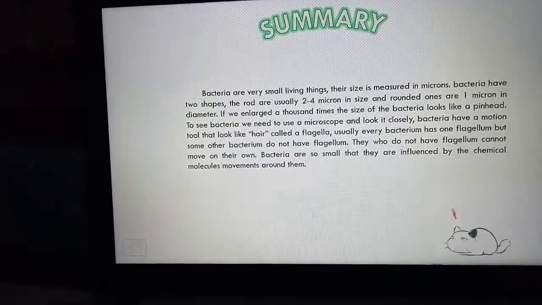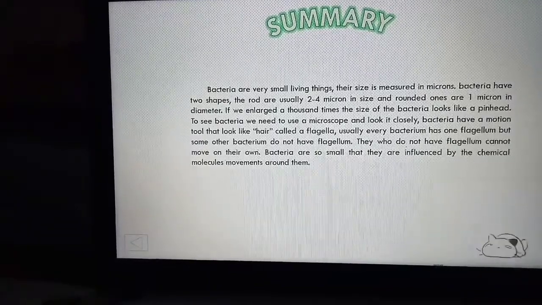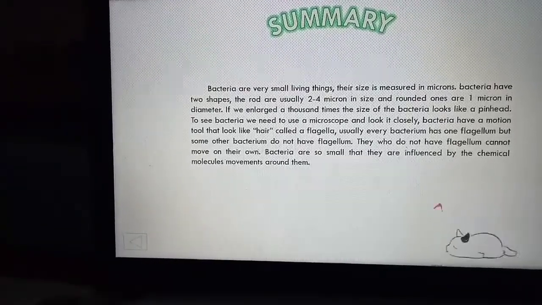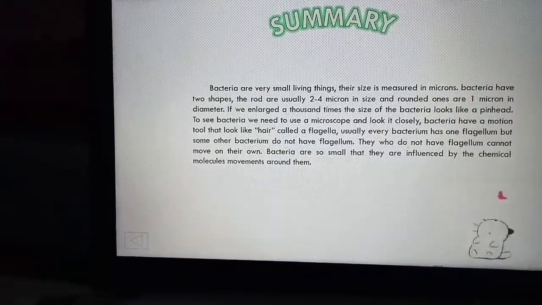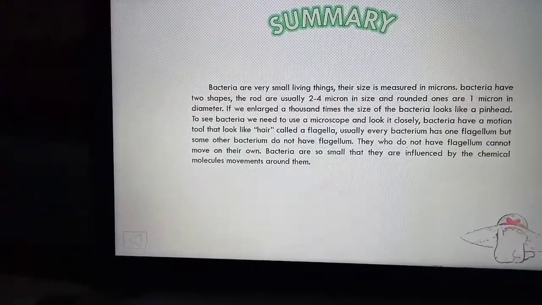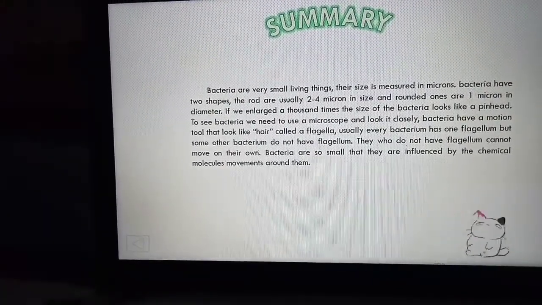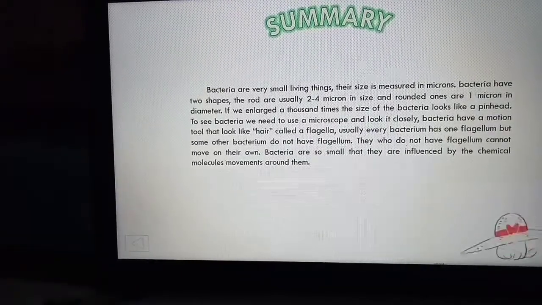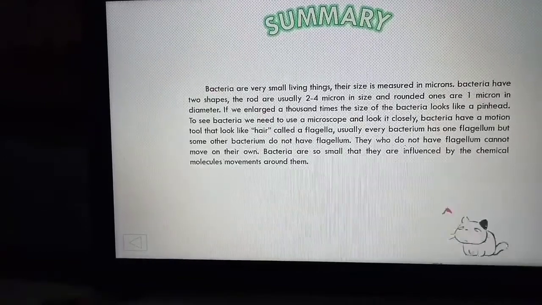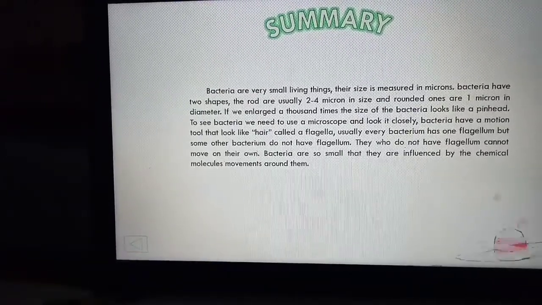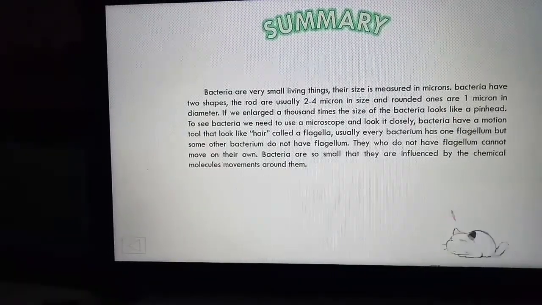Bacteria are very small living things. Their size is measured in microns. Bacteria have two shapes. The rods are usually 2 to 4 microns in size and the round ones 1 micron in diameter. If we enlarge bacteria 1,000 times, their size looks like a pinhead. To see bacteria, we need to use a microscope and look closely.